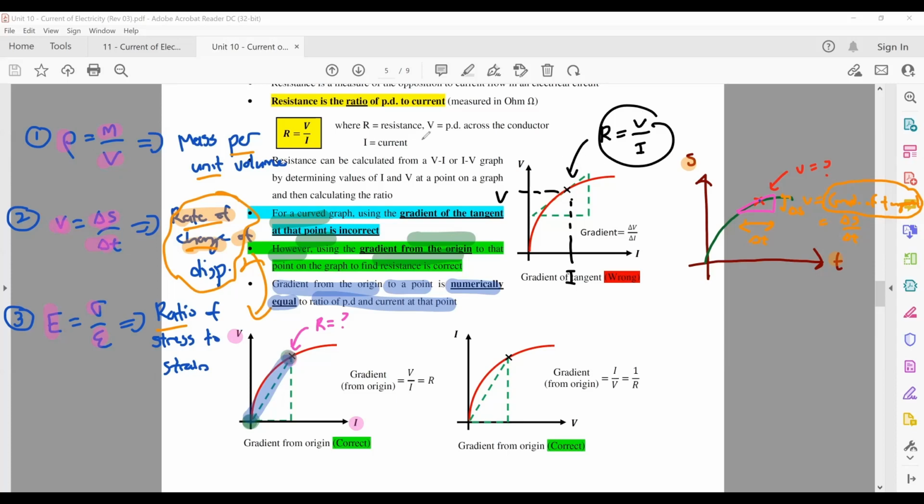Now, say in this diagram here, let me give some value to you.